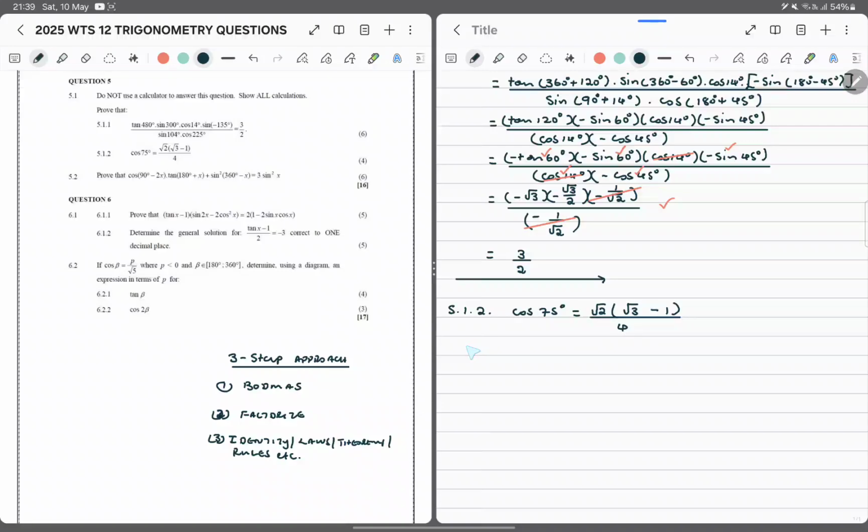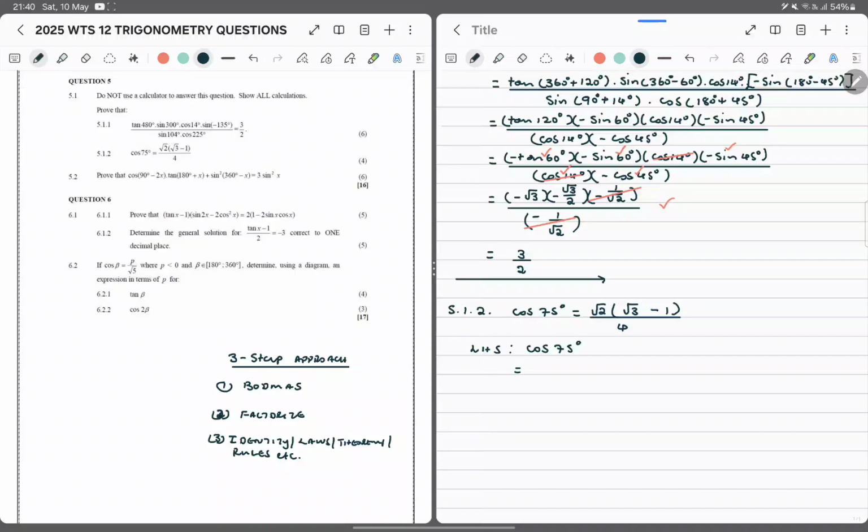Okay, now we will take the left hand side. It's much easier to deal with this. What is it? Cos 75 degrees. This is equal to, now we know that it would have been tough to change this into that, although we can, but with lots of difficulty.